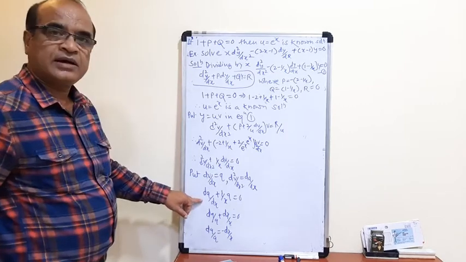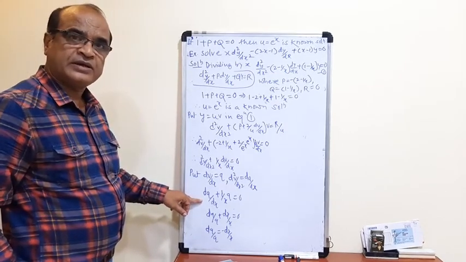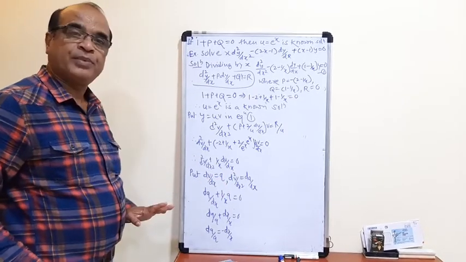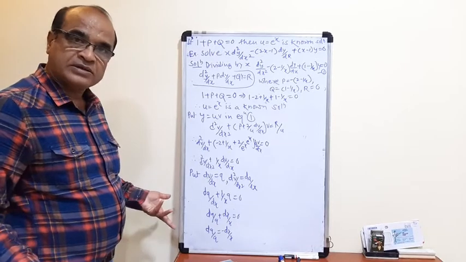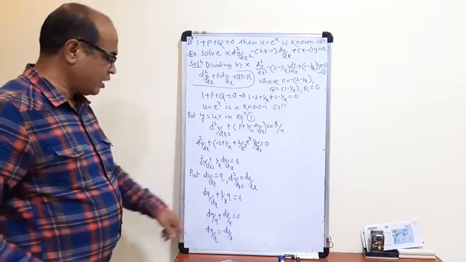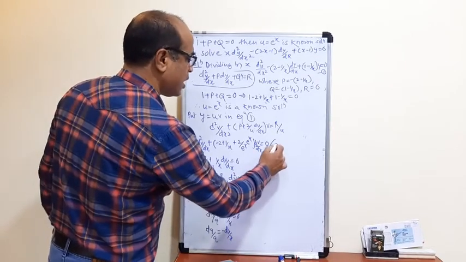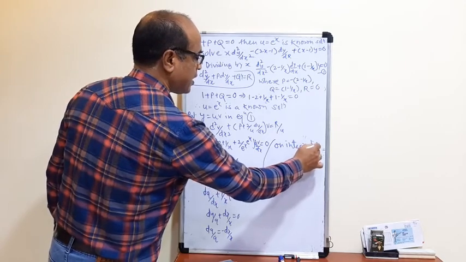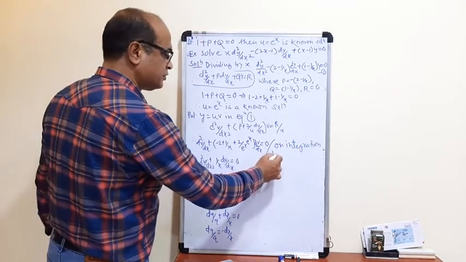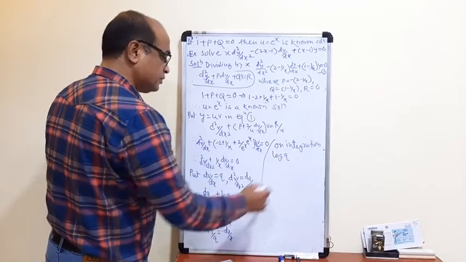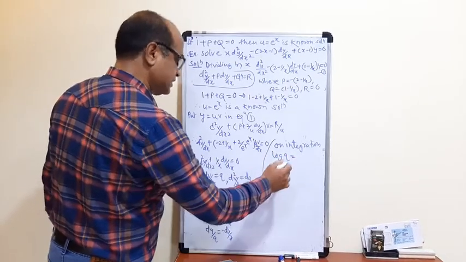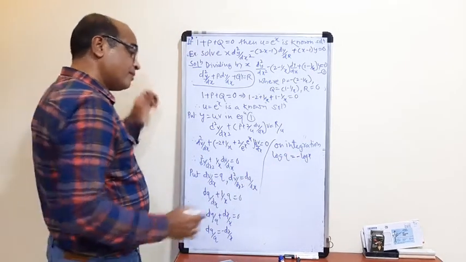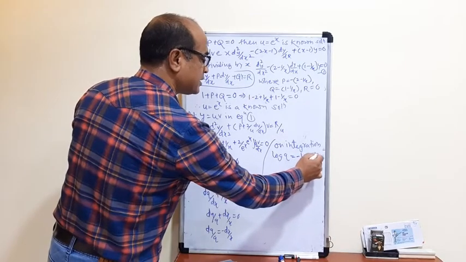So this is a first order first degree differential equation. Then separate the variables and we write this equation. This is very simple to integrate because the variables are separated here. So on integration we get log q is equal to minus log x plus integrating constant log c1.